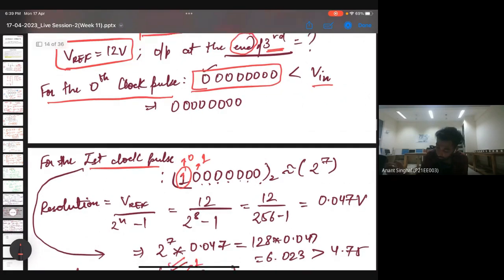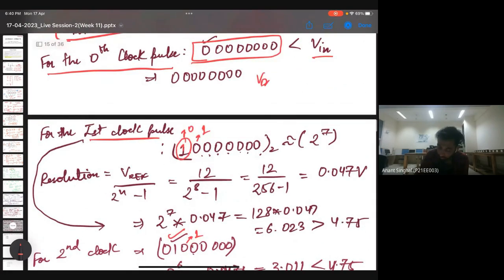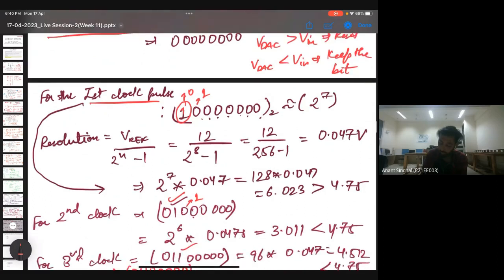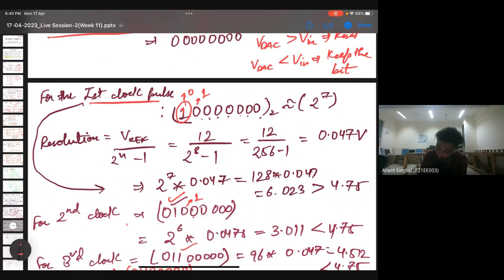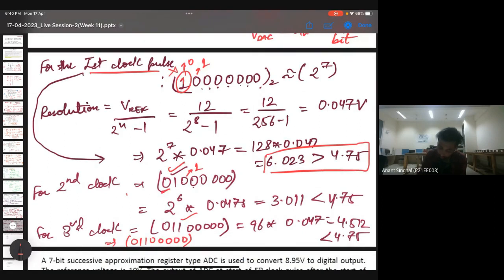So the basic rule is, if this V tag is coming greater than V, then we reset the bit, and if this V tag is coming less than V, we keep the bit. For the first case, it was coming greater than, so we have discarded this one, and for the next part, we have kept the next bit as 1.